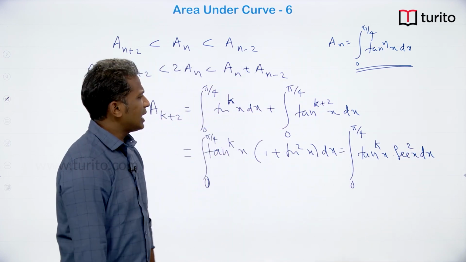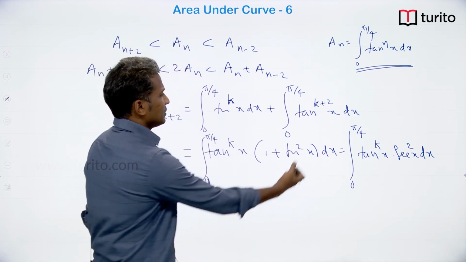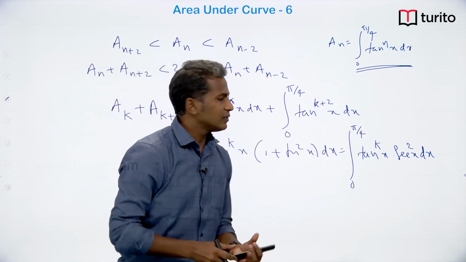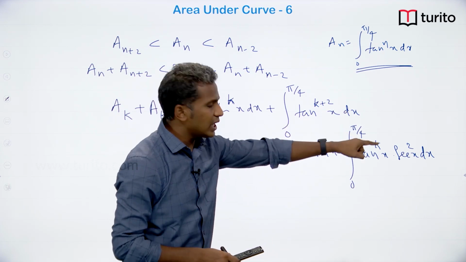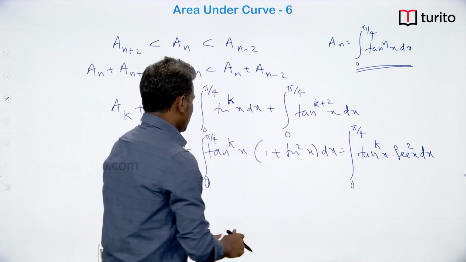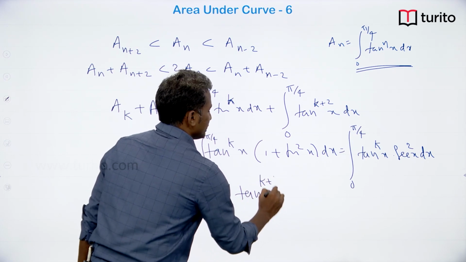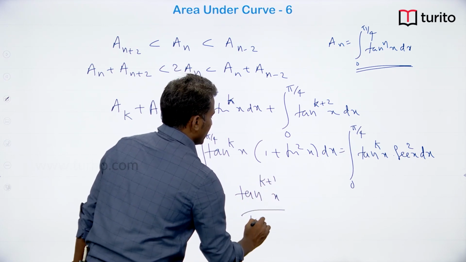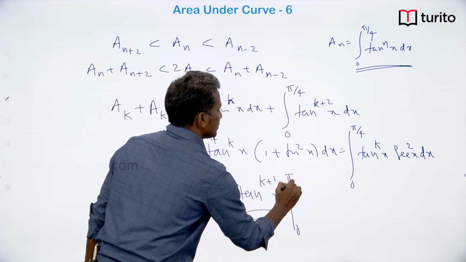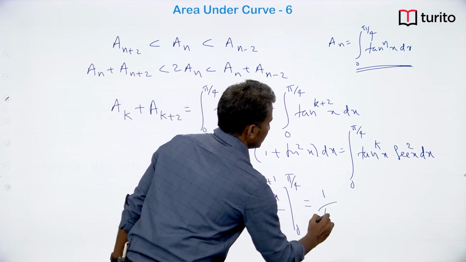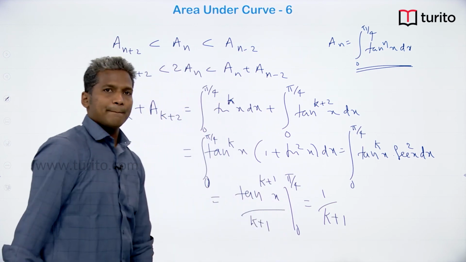Now, derivative of tan x is basically sec square x. So, this comes in our standard form, which is f of x whole raised to k into f dash x dx. So, what is the integral of this? It is going to be tan raised to k plus 1 x divided by k plus 1, limits going from 0 to pi by 4. So, the value will be 1 by k plus 1.